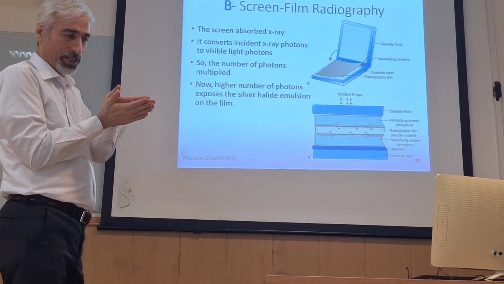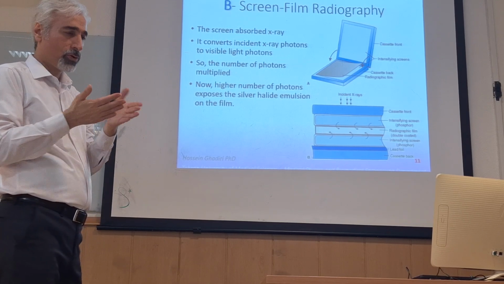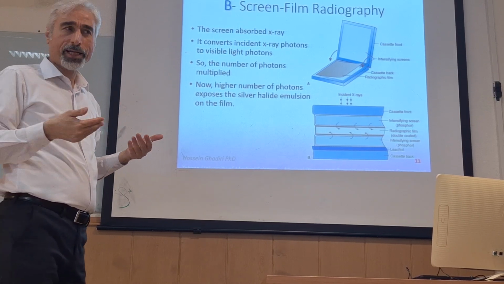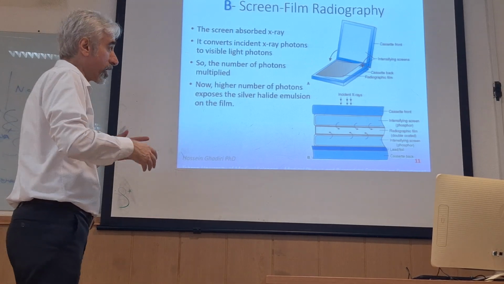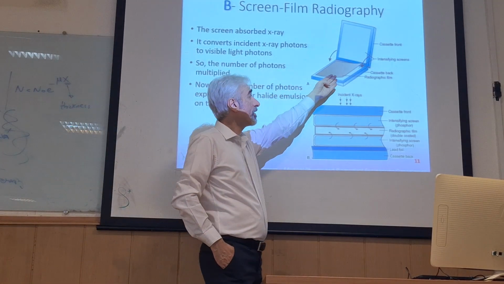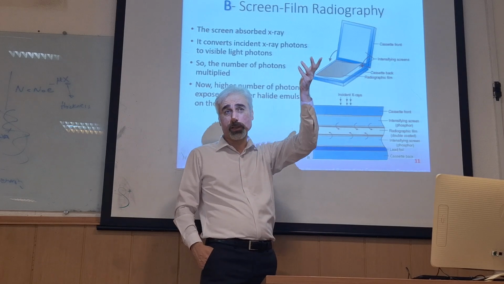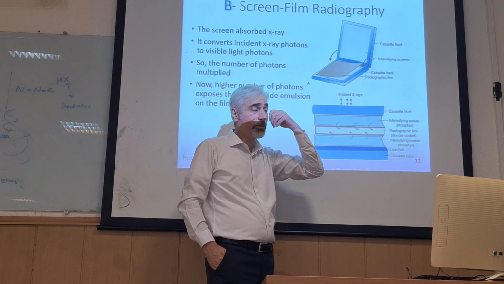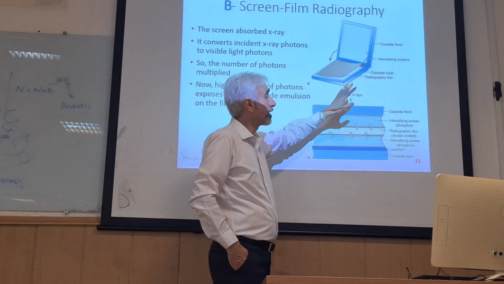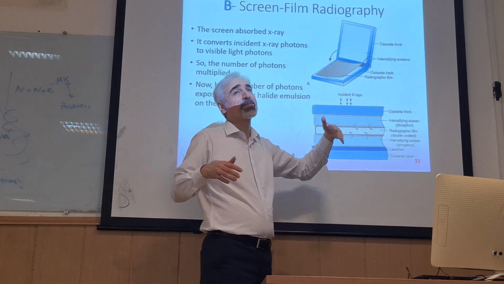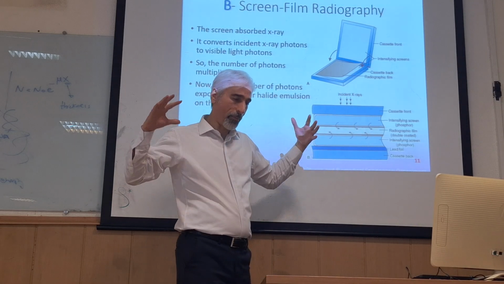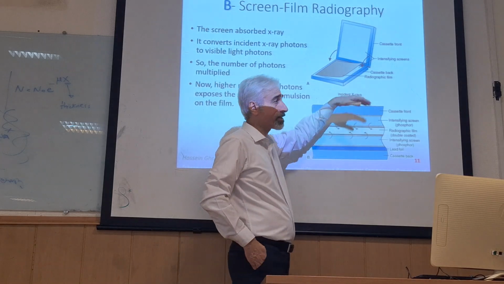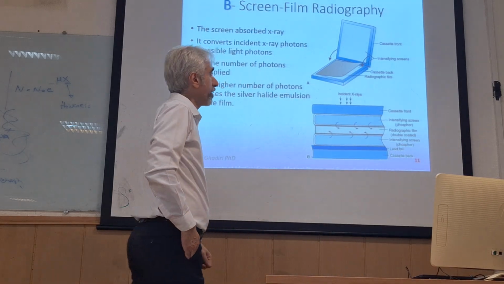The manufacturing and the design are such that there is no leakage of light, no light coming from outside to inside, because this film is very sensitive to normal light, and if there is a light leakage, any photons that come from outside to inside of the cassette will destroy the film.